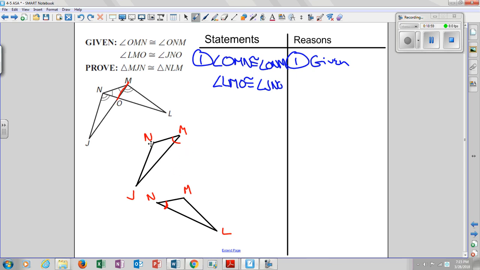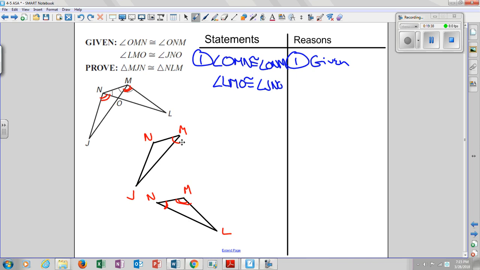Then we know LMO or LMJ is congruent to JNO. Oh, that's not what I thought it was. This is congruent to, sorry, JNO is congruent to LMO.